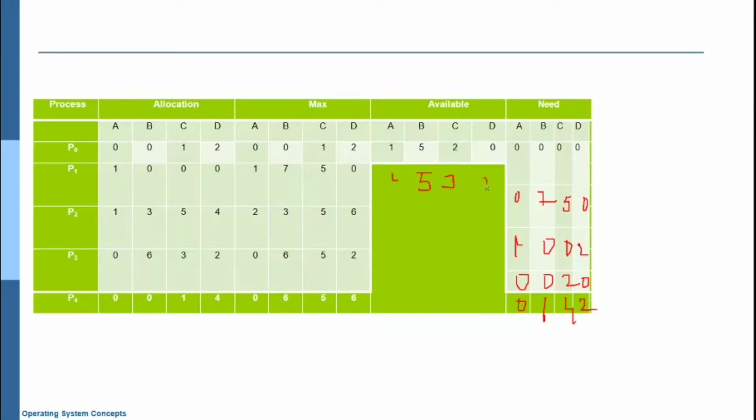You can go through the same thing, but I have written it in table format. For P2 it is 2, 8, 8, 6. Then it is 2, 14, 11, 8, and 2, 14, 12. We go to the same sequence, so you can go through that.